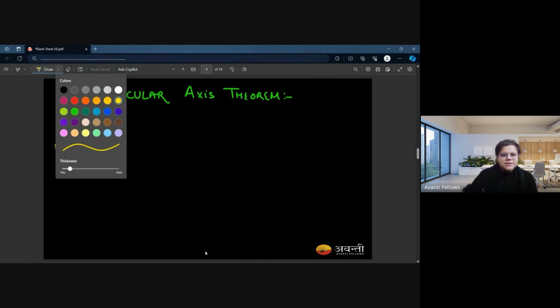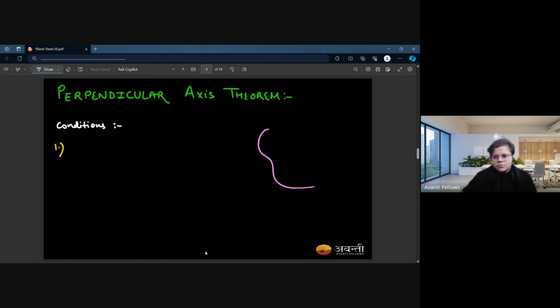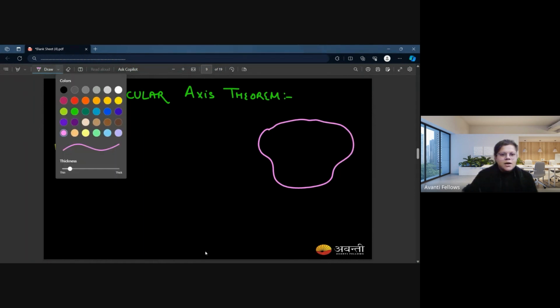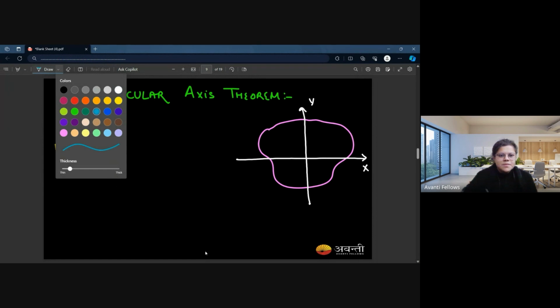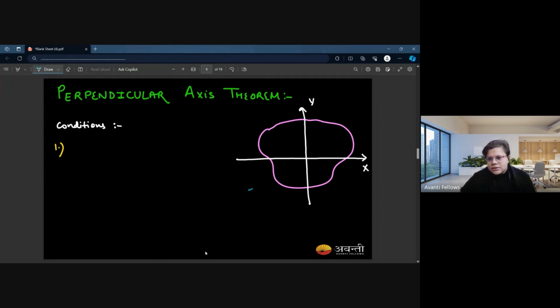The first condition: let's say you have this irregular body over here. Let's say it's a rigid body. If I say that this axis is the x-axis and this axis is the y-axis, and the z-axis is passing through the center, perpendicularly.